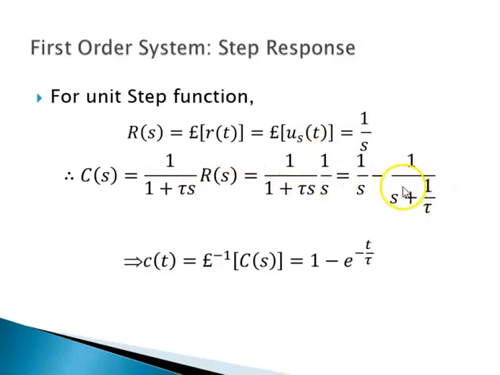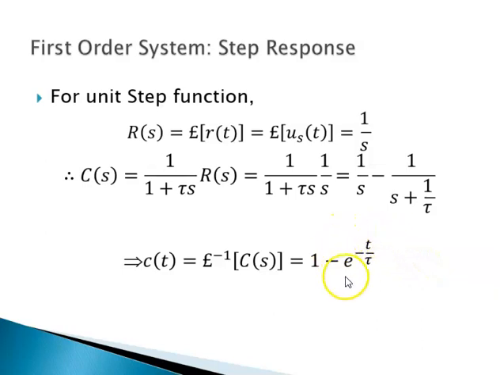We can split this by using partial fractions method to obtain the Laplace transform of the output given here. So c(t) is evaluated to be 1 minus e power minus t over tau.